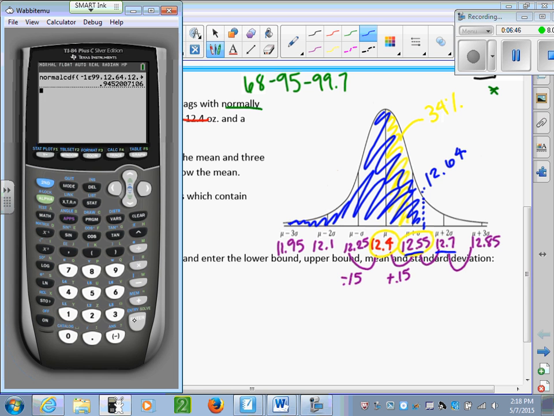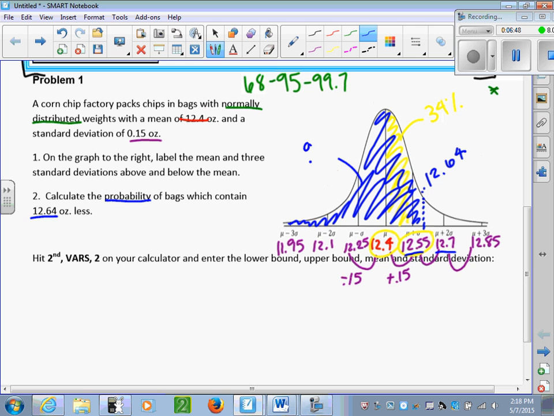So this blue shaded area equals 0.945, which is the same thing as saying 94.5% of the data. Okay, so the probability of a bag containing less than 12.64 ounces is pretty high.